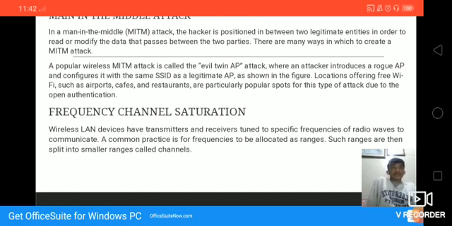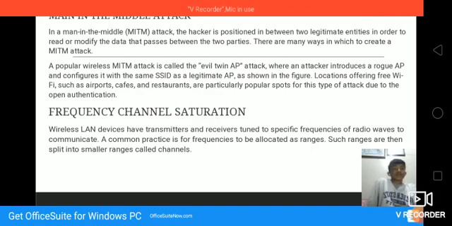Man in the middle attack. In a man in the middle attack, or MITM attack, the hacker is positioned between two legitimate entities in order to read or modify the data that passes between the two parties. There are many ways in which to create a MITM attack.